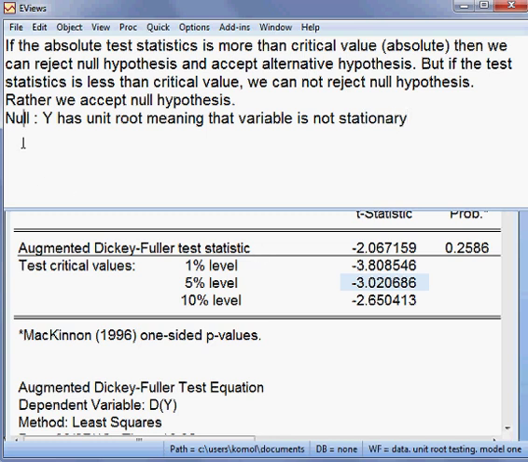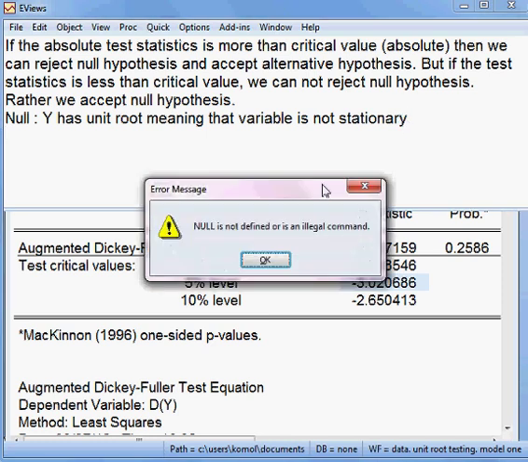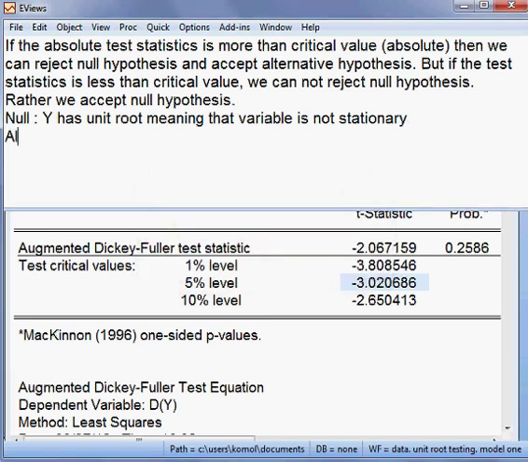So that is called the null. And what is the alternative? Y does not have a unit root, meaning the variable is stationary. So that is the alternative hypothesis.